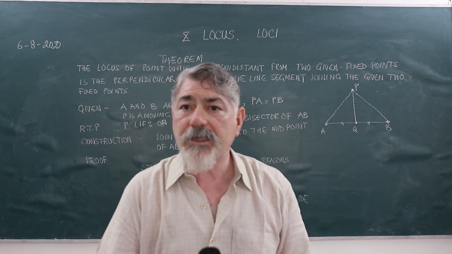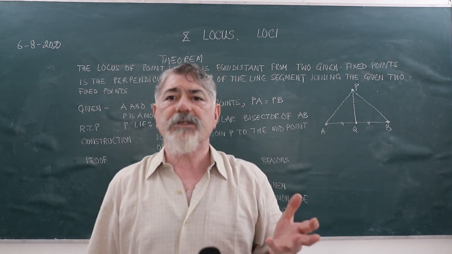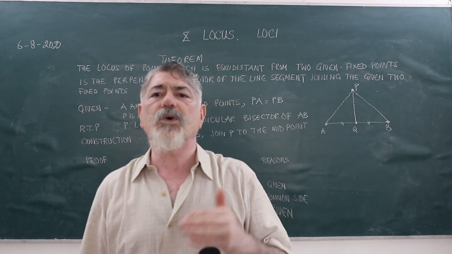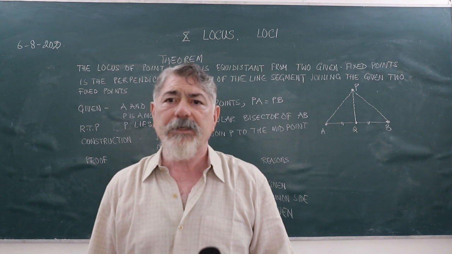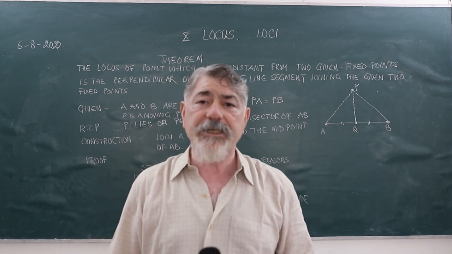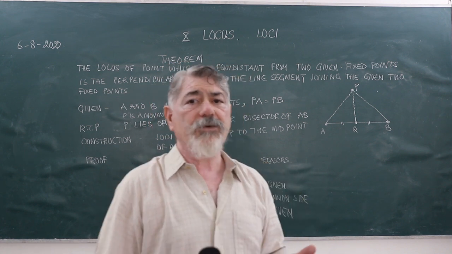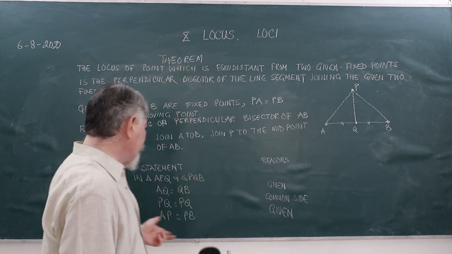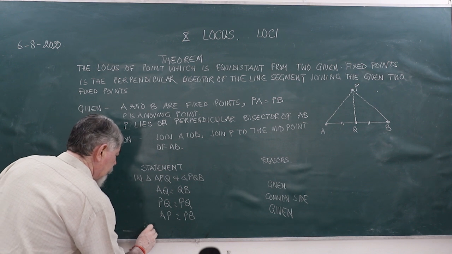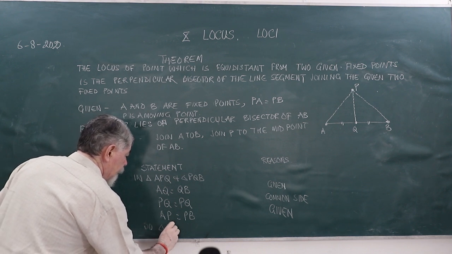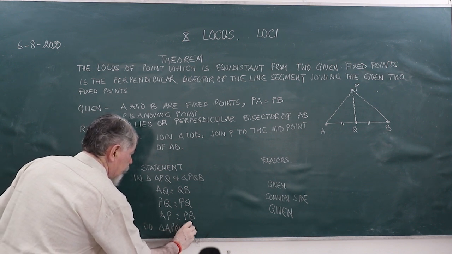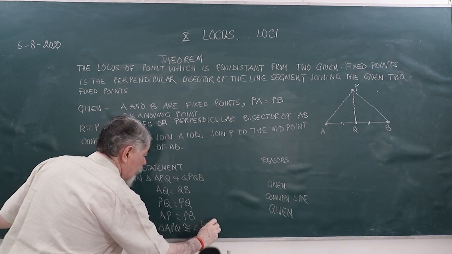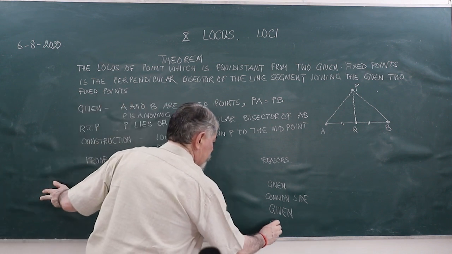Hence, the two triangles are congruent because of SSS: when all the three sides of one triangle are equal to all the three sides of the other triangle, one to one, then this is one of the conditions of congruency, which is SSS. So triangle APQ is congruent to triangle PQB, and this congruency is SSS.